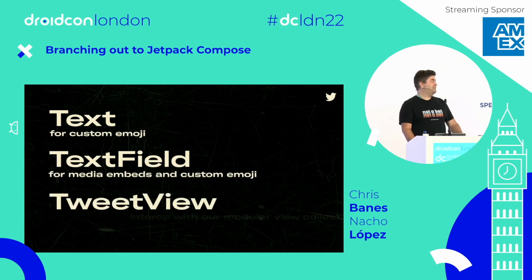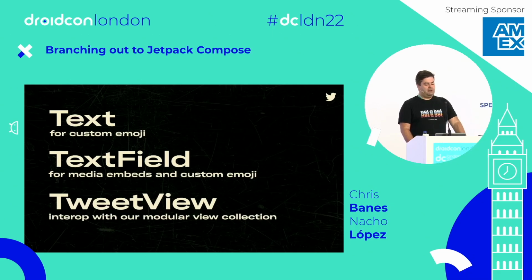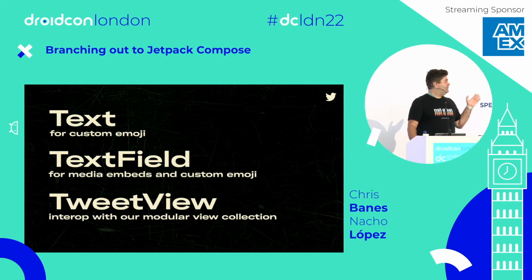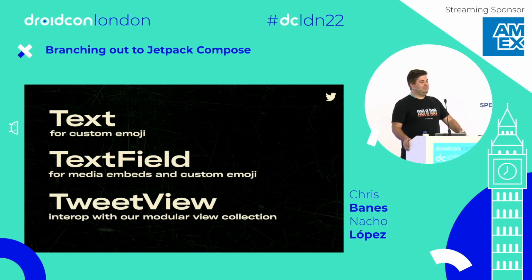So for example, these are a couple of things that we had to use Android View for: using custom emoji in text, using custom emoji in text fields, but also media embeds, for example in DMs, where you can paste a screenshot or whatever. And also for interoperability with our tweet view, as you can imagine in the Twitter app, tweet view is a big deal.